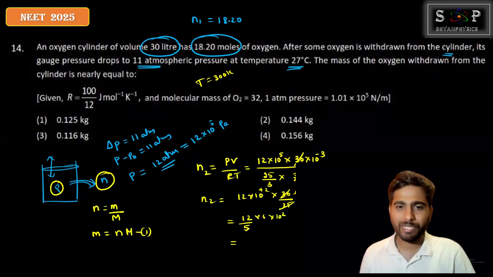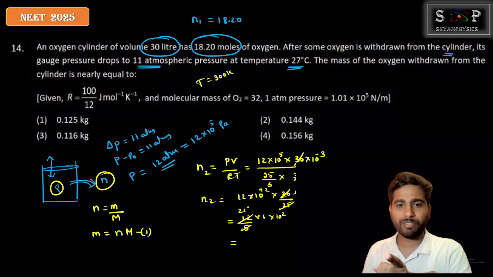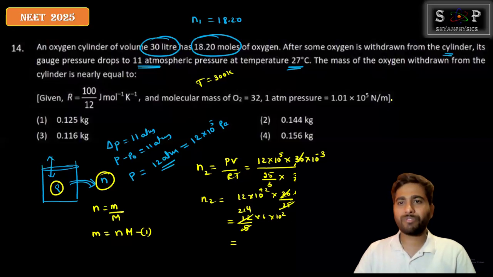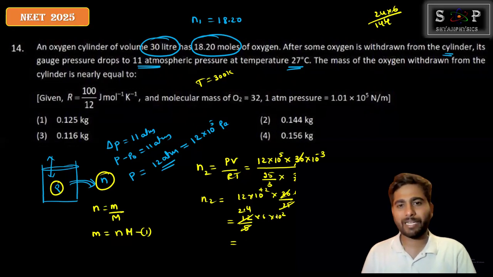So the answer we get: 2.4 into 6, 24 into 6. How much will it become? 14.4. After calculating, in terms of moles you'll get nearly 14.54. You'll get nearly this much as the N2 value.